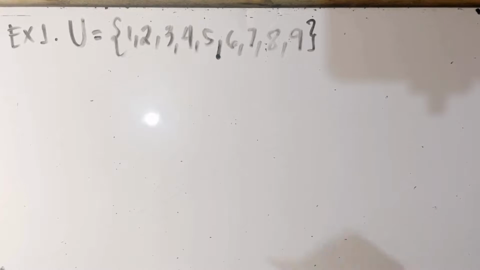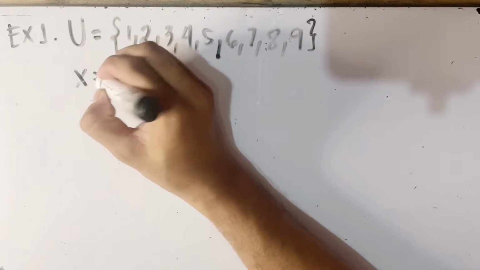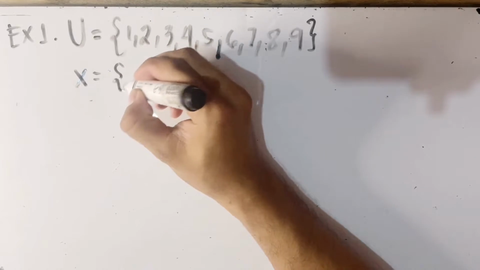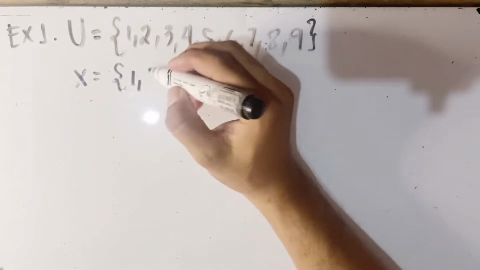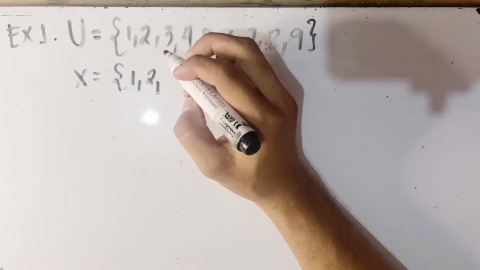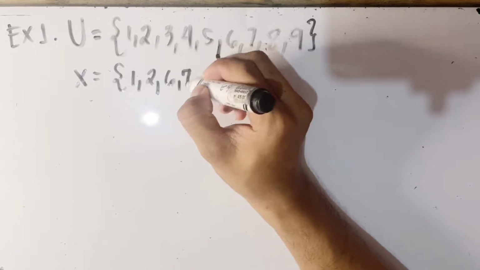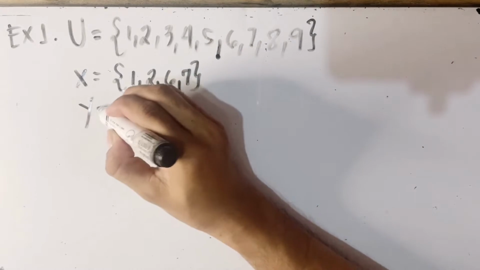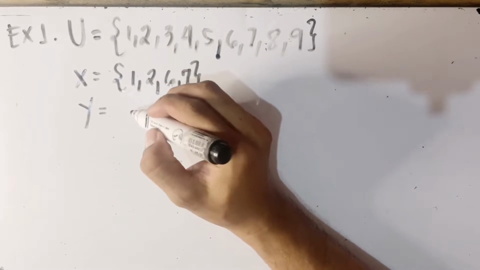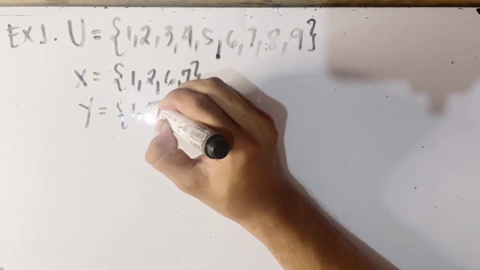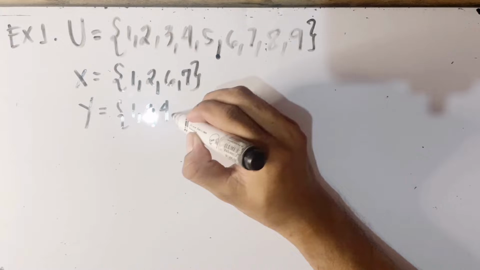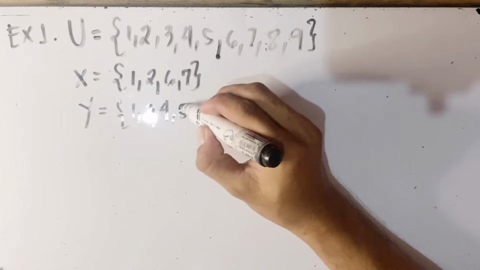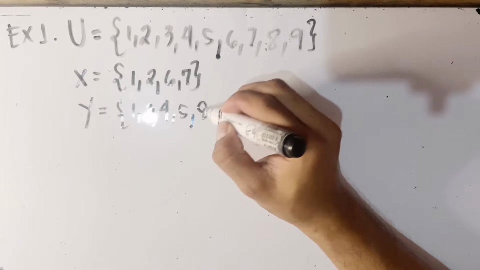And set X is equal to 1, 2, 6, and 7, while set Y is equal to 1, 3, 4, 5, 8.